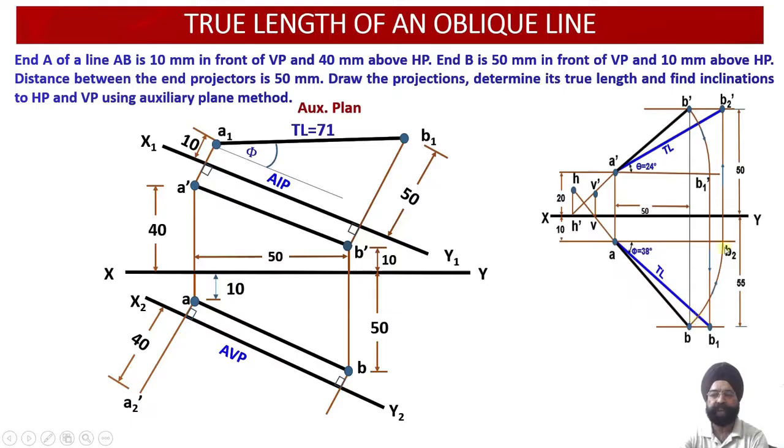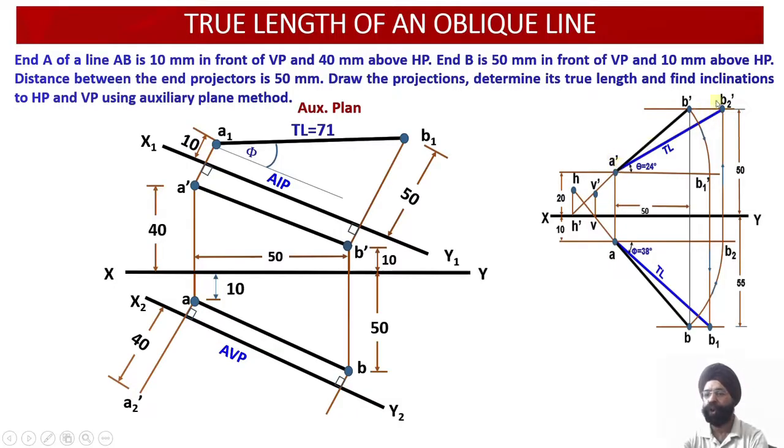We used to rotate it to make it parallel to the vertical plane, and once we made it parallel, then we were drawing the extension of this projection over here onto the vertical plane, so as to obtain the true length of the line on the vertical plane in the front view. That is a dash, b2 dash we used to obtain as the true length.